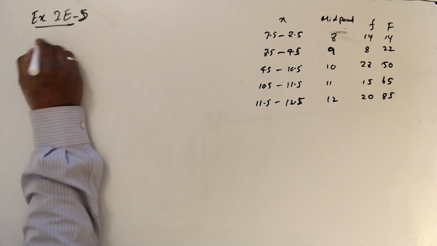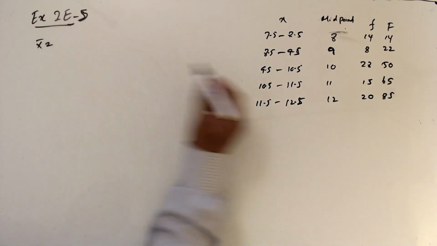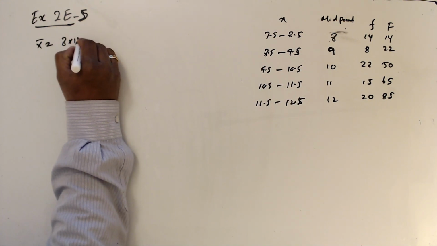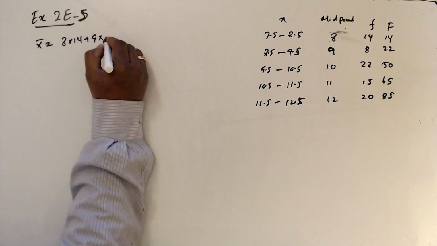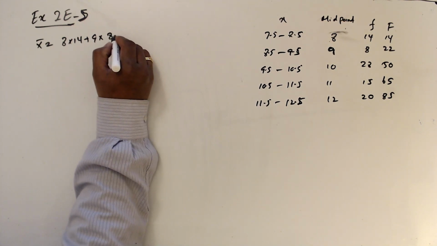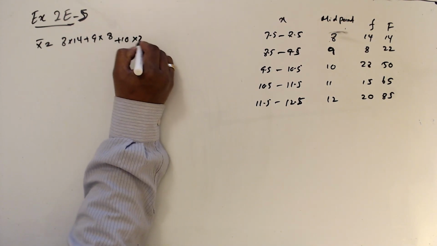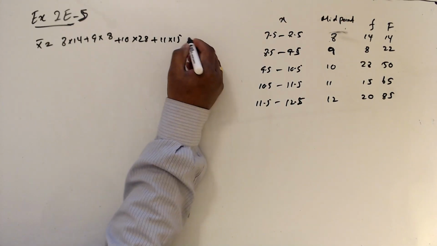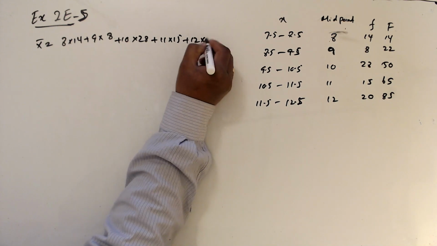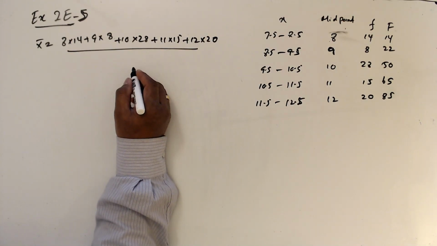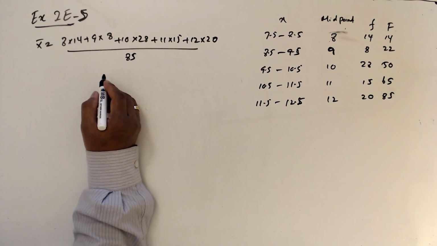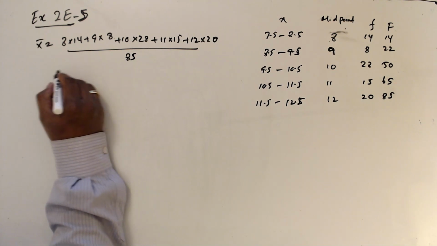So x bar equal midpoint 8 times 14 plus 9 times 8 plus 10 times 28 plus 11 times 15 plus 12 times 20 divided by 85. So we get the answer as 10.22.